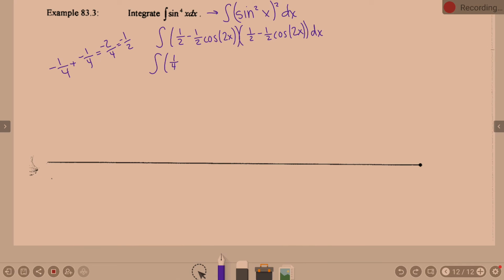I assume that's what I did here. So minus 1/2 cosine 2x. And then lastly, negative 1/2 times negative 1/2 is 1/4. Cosine 2x times cosine 2x is cosine squared 2x dx.